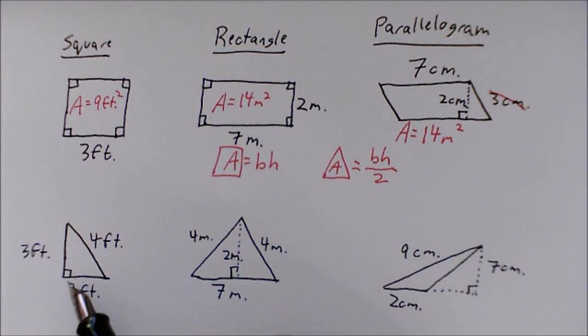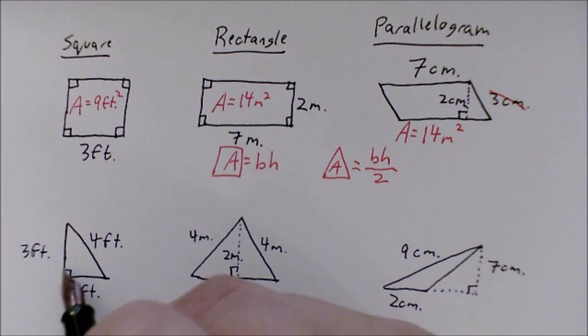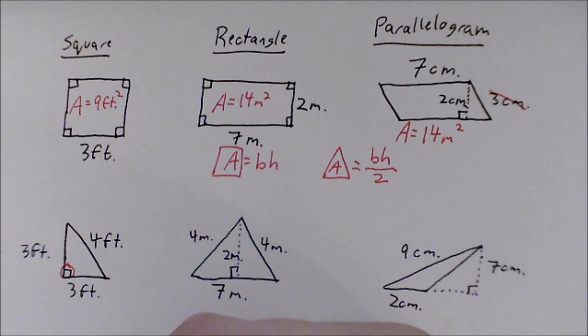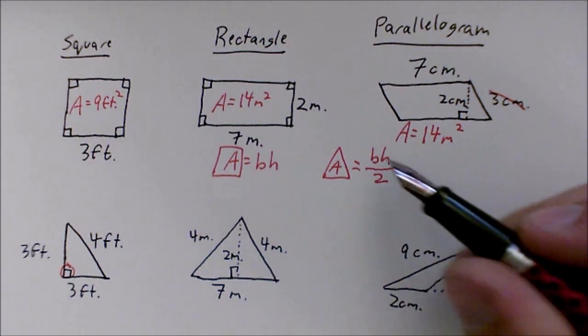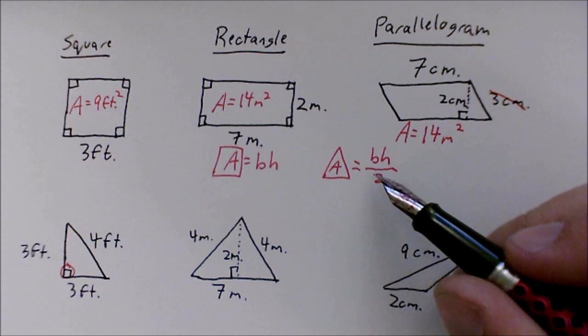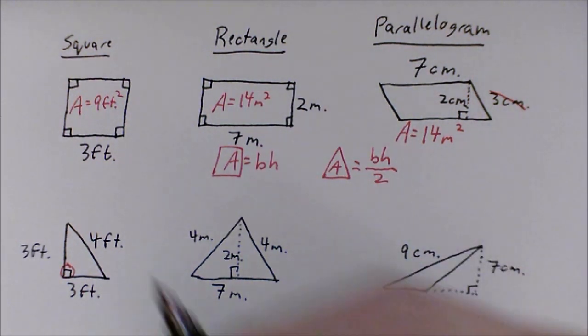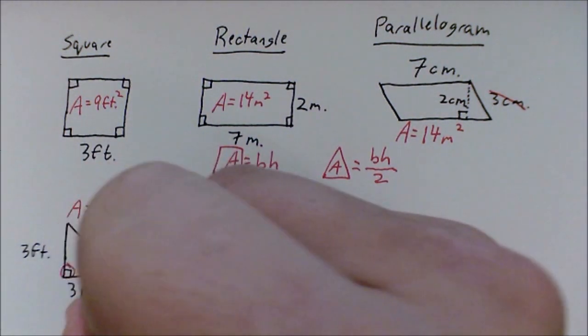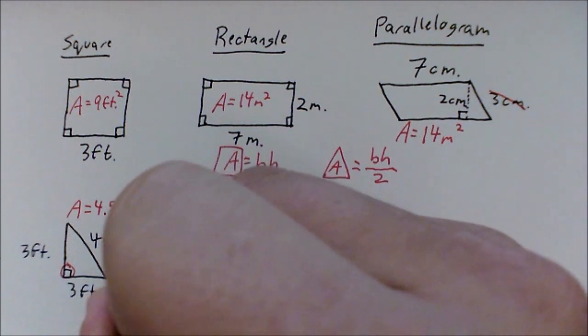Starting from the left with our right triangle, we look for our right angle, telling us where our 2 perpendicular lines are, and we will take 3 times 3, which will give us 9. 9 divided by 2 will give us a final area of 4.5 feet squared.